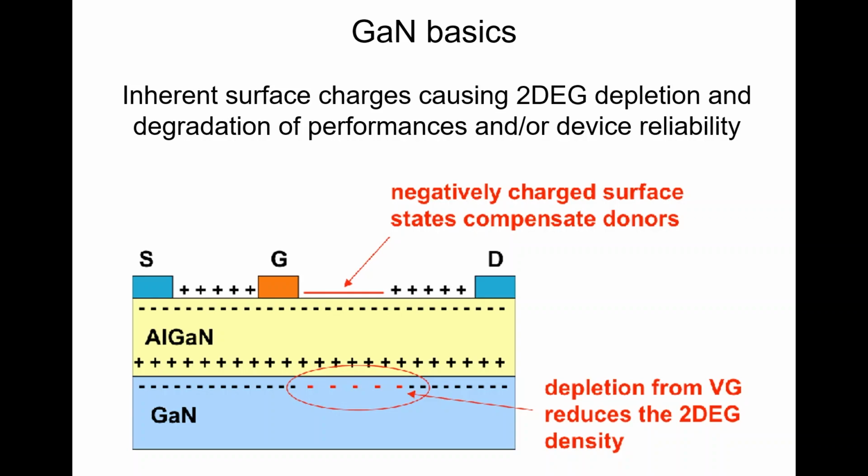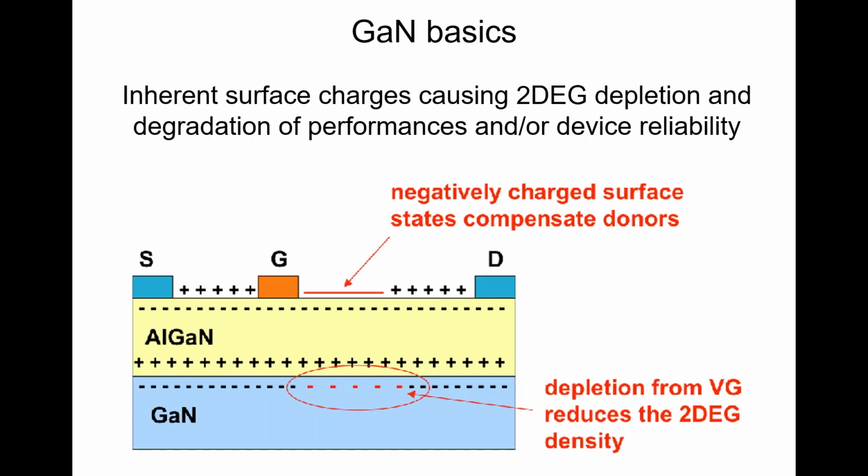Of course, you have some dark sides. Nothing is pink, let's say, beautiful. There are also some drawbacks here. You have some inherent surface charges here that may cause 2DEG depletion. So it's like a virtual gate. You control this gate electrode, but you have kind of a second gate electrode that you don't control, and that depletes also the channel.